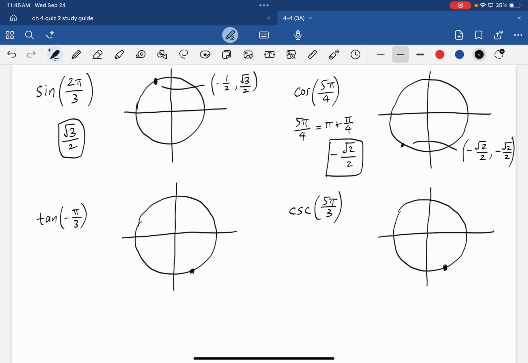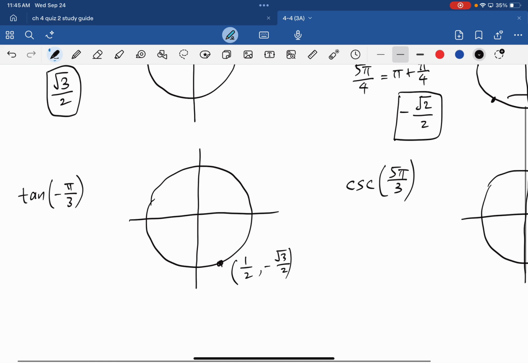Sure. Well, tangent negative pi over 3. So that's negative 60 degrees, so we're going to go clockwise, starting from 0. And the coordinates are going to be 1/2, comma, negative root 3 over 2. Wait, do you draw it out? The triangle? Yeah.